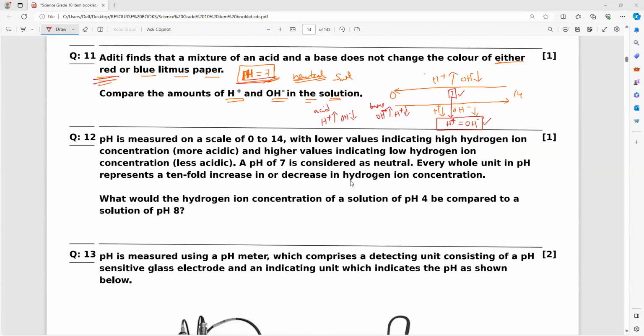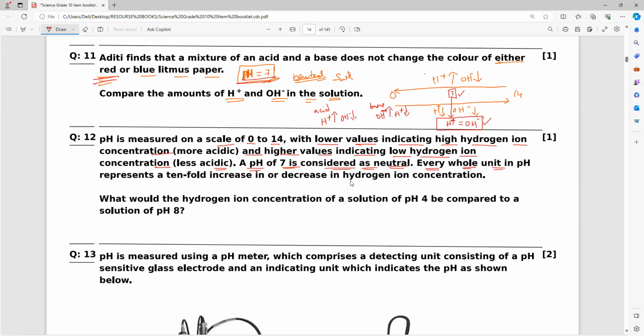Next question. pH is measured on a scale of 0 to 14, with lower values indicating high hydrogen ion concentration and higher values indicating low hydrogen ion concentration, less acidic. A pH of 7 is considered neutral.